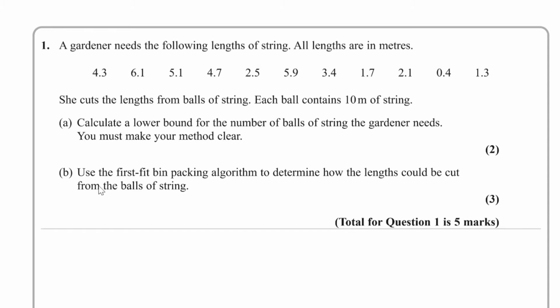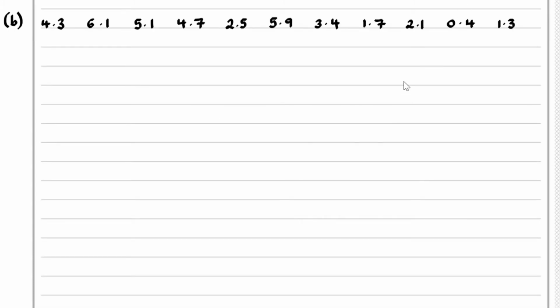For part B of the question, we have to use the first fit bin packing algorithm to determine how the lengths could be cut from the balls of string. So for part B, here we have our length of the strings, and the first thing we can do is open up a new bin.